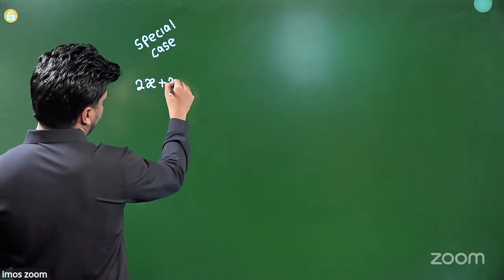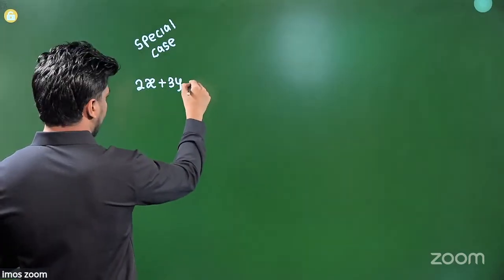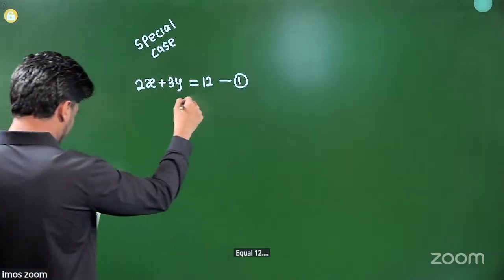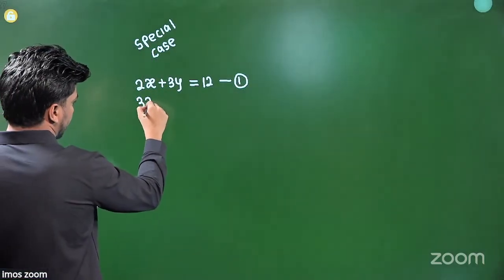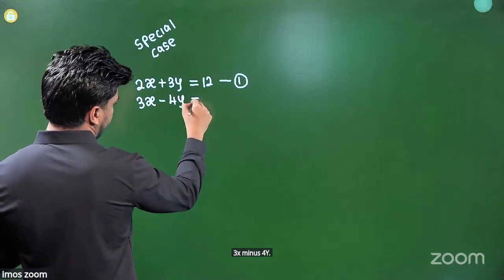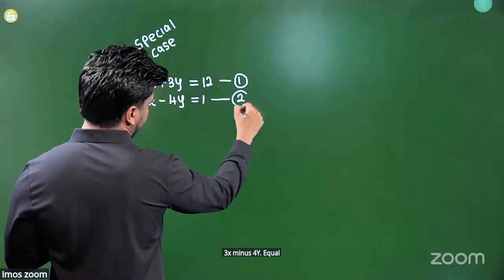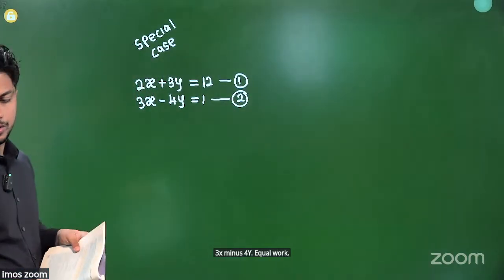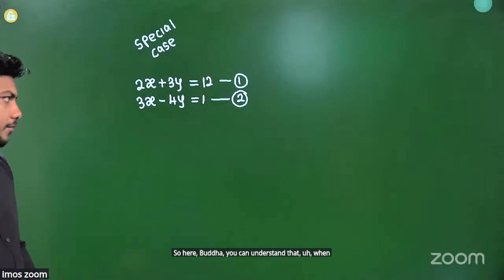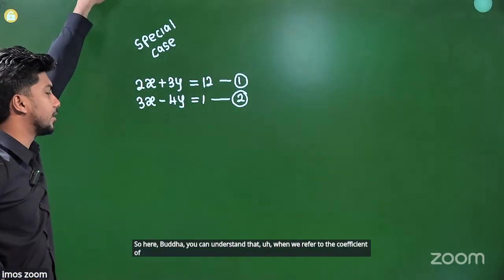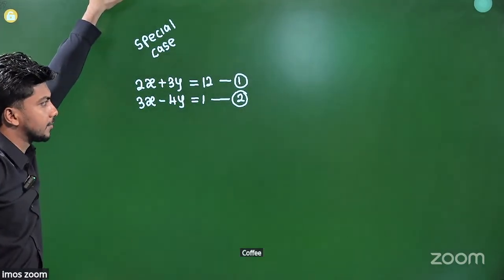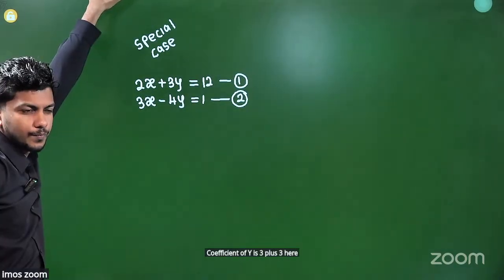2x plus 3y equals 12. 3x minus 4y equals 1. So here you can understand that the coefficient of x is 2 here, and the coefficient of x is 3 here. The coefficient of y is plus 3 here, and minus 4 here.